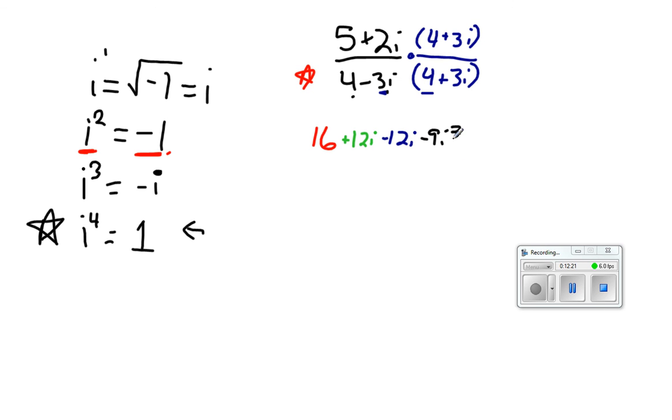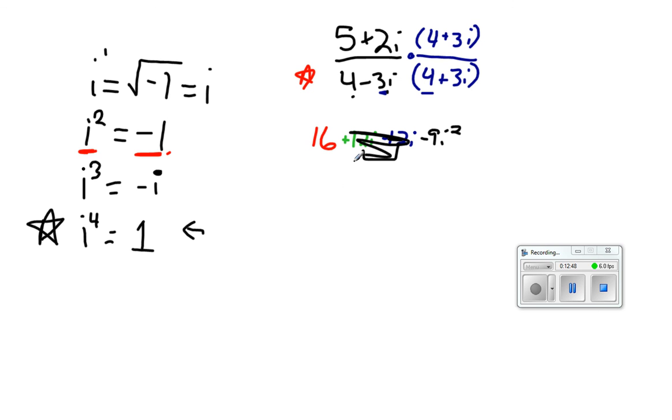So why is it okay to have i squared left over? What's i squared? I squared is negative 1. We're okay with that because that's just a number. There's no more i's. So we want to get rid of all the i's. So positive 12, negative 12, this cancels out.